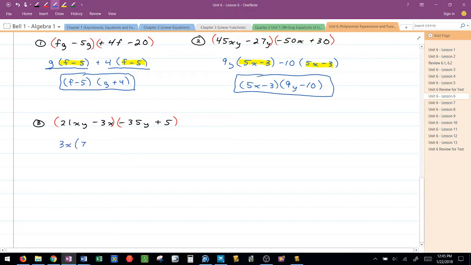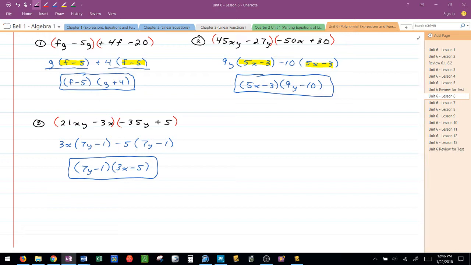Pull it out, 7y minus 1. GCF is going to have to be a negative 5. Pull it out, 7y minus 1. GCF, 7y minus 1. What's left after you pull it out? 3x minus 5. Done.